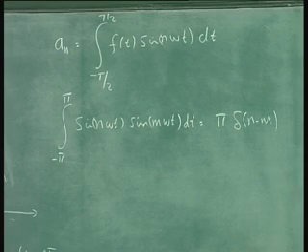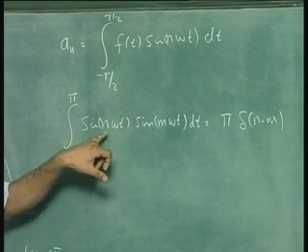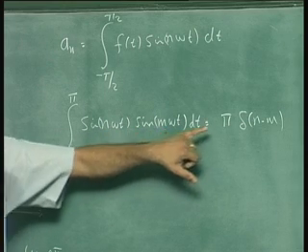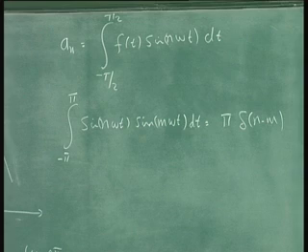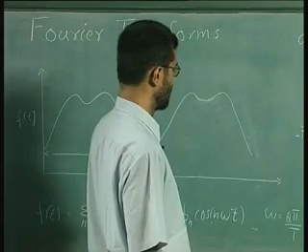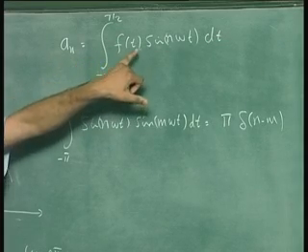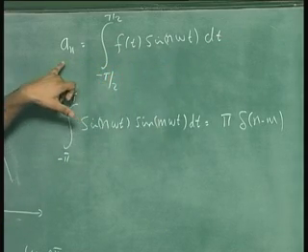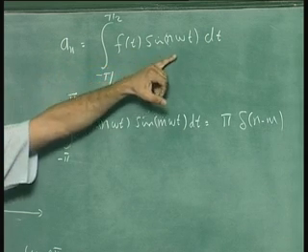So this is non-zero only when n equals m, and when n equals m, the value is pi. So we can use this property and obtain these coefficients, a n as the integral of f of t sine n omega t dt and b n as the integral of f of t cos n omega t dt.